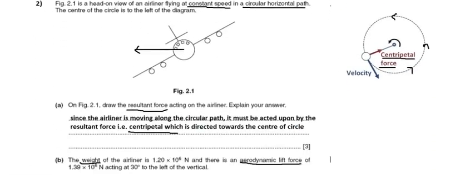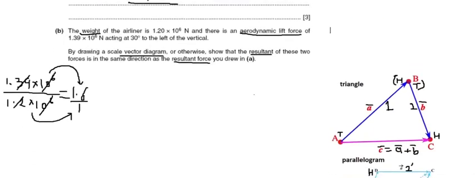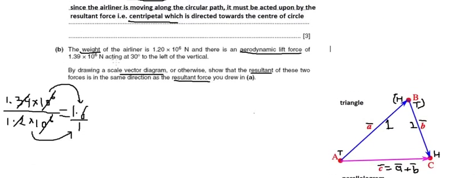So here you can see the weight is acting in the downward direction, like this. Here I can say this is nothing but the weight, and the aerodynamic lift, which is acting at 30 degree to the left of the vertical.